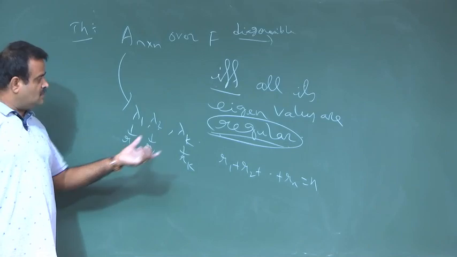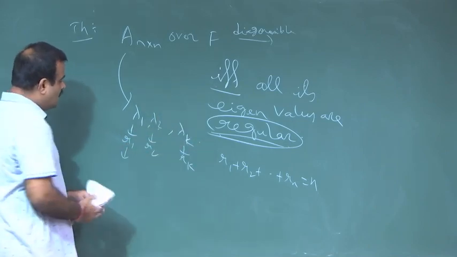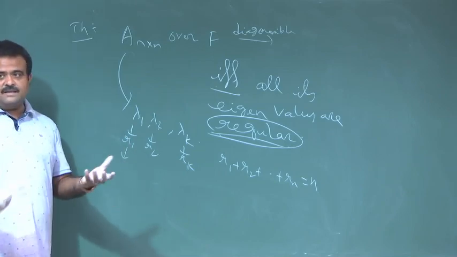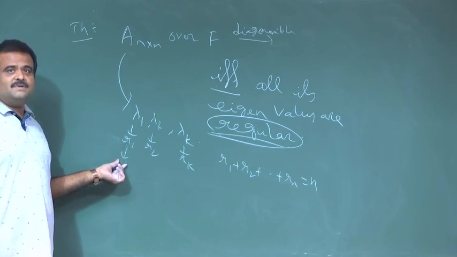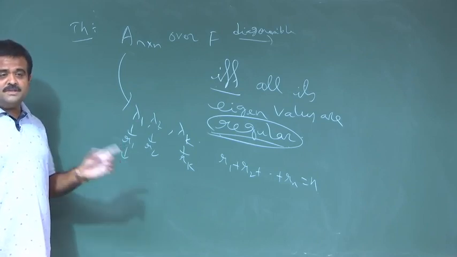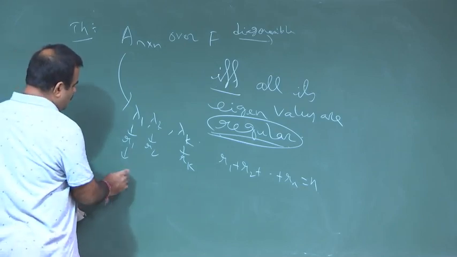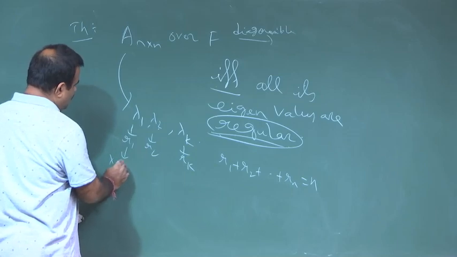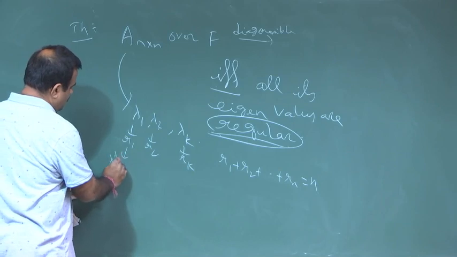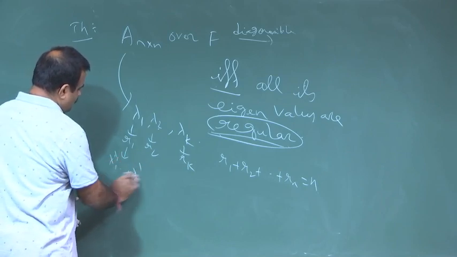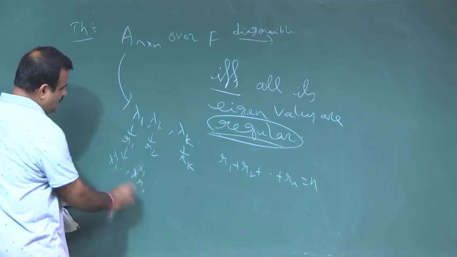Now, regular means the geometric multiplicity is also the same. So, the eigenvector space corresponding to lambda 1 has dimension R 1. That means it has R 1 independent vectors, x lambda 1 1, x lambda 1 2, up to x lambda 1 R 1, and these are independent.